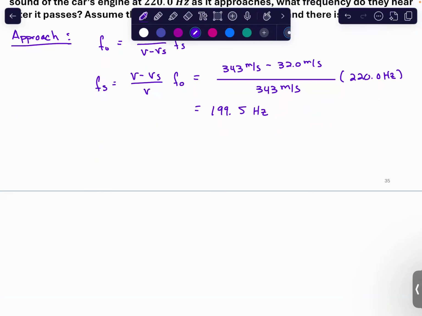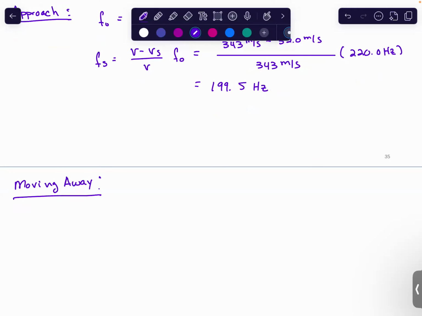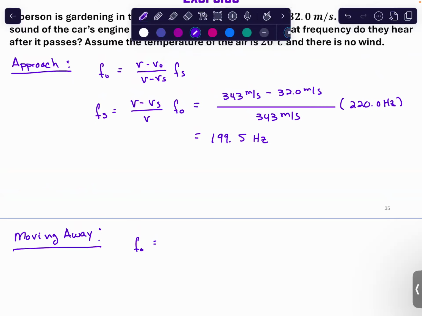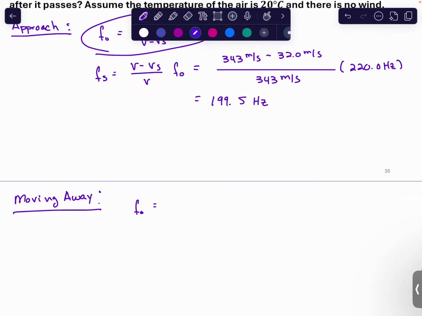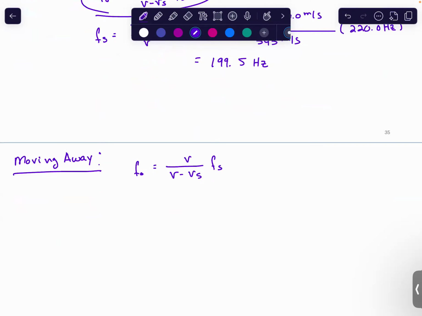So now as the car is moving away, we want to know what the new observed frequency is. We're still going to use the Doppler effect equation, but we know that V sub O is 0. We now know what that frequency of the source is.